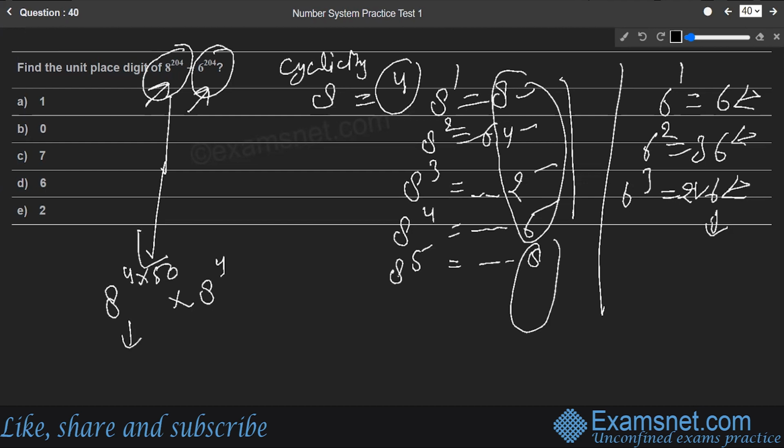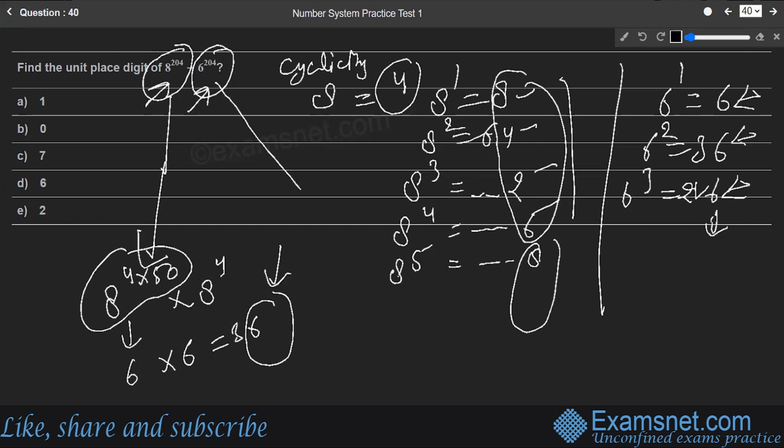Here, the last digit of this expression, which has the 4th power, will be 6. 8 to the power 4 has a last digit of 6. So 6 into 6 is 36. The last digit comes out to be 6 itself.